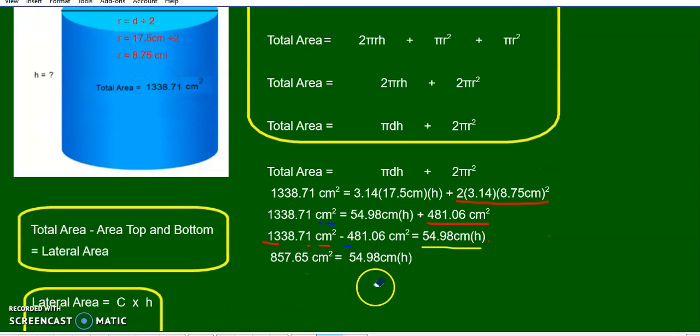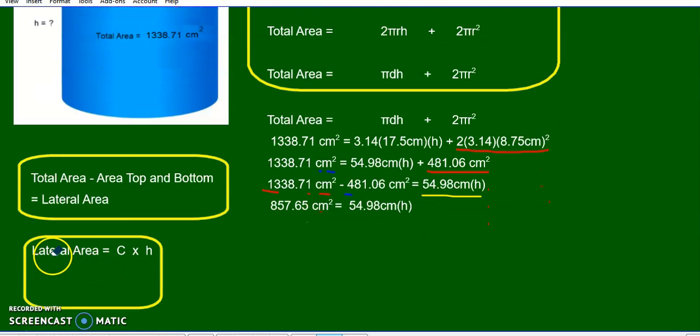So I have the lateral area, and the lateral area is circumference times height. But if I rearrange the equation, the height is the lateral area divided by the circumference. In this case, I have the lateral area equals circumference times height.